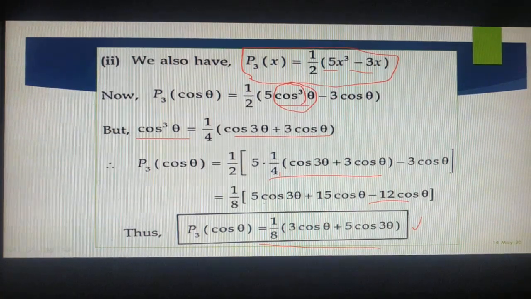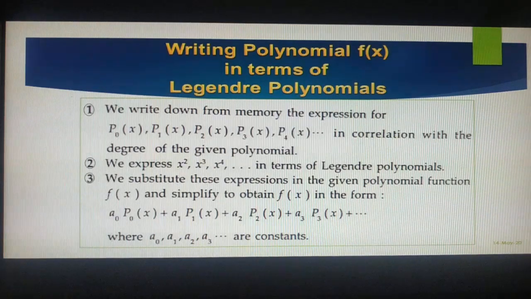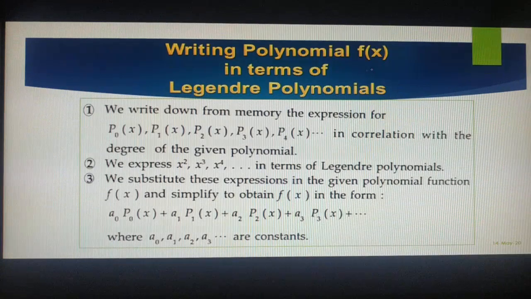Now we have some problems on Legendre polynomials in the examination, and in what way they are going to test us. They will give us regular polynomials. Regular polynomials means something like the polynomial equation ax square plus bx plus c.